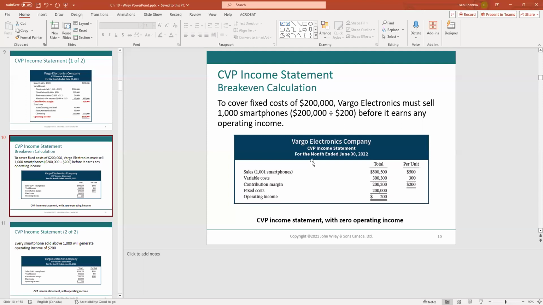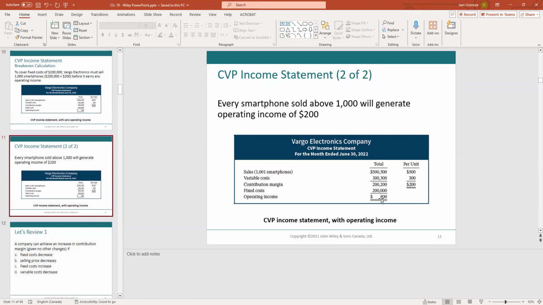What's going to happen if we sell one additional unit after the break-even? Well, the contribution margin of that unit is going to flow directly to our operating income. What's going to happen if we sell 2 more units after the break-even?